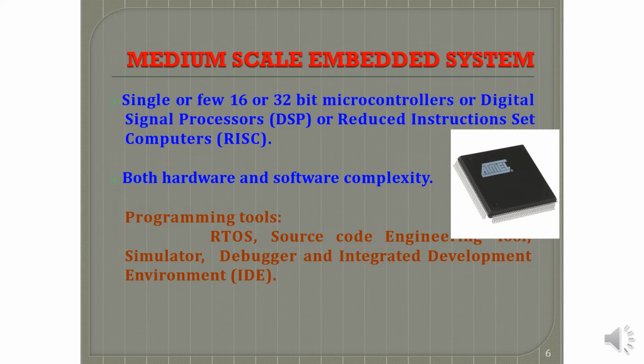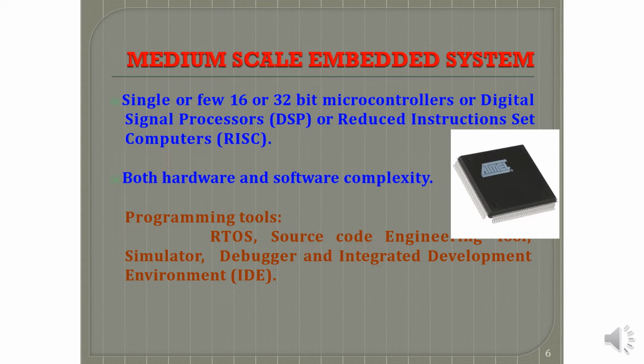Both hardware and software complexity are in use. Here we normally use a real-time operating system, source code engineering tools, simulators, and an integrated development environment, because the integrated development environment plays another main role in the overall embedded structure.